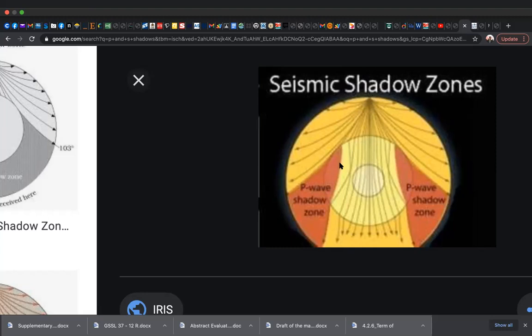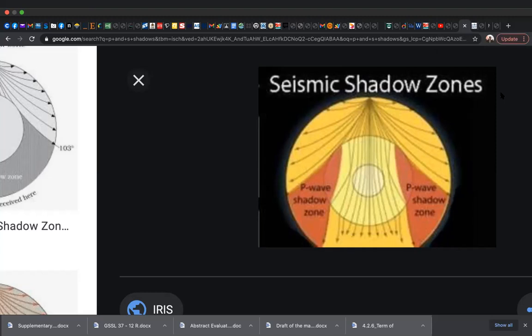Actually, it's not very clear why this shadow zone appears for P waves, probably because they are reflected. The belief of the scientists is that without refracting, they are reflected, right? Reflecting means they are bouncing back to the surface. For the light wave also there is a critical angle.